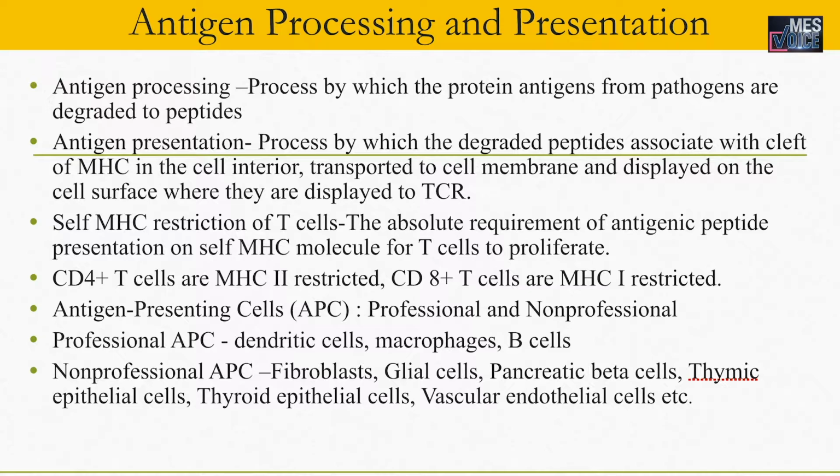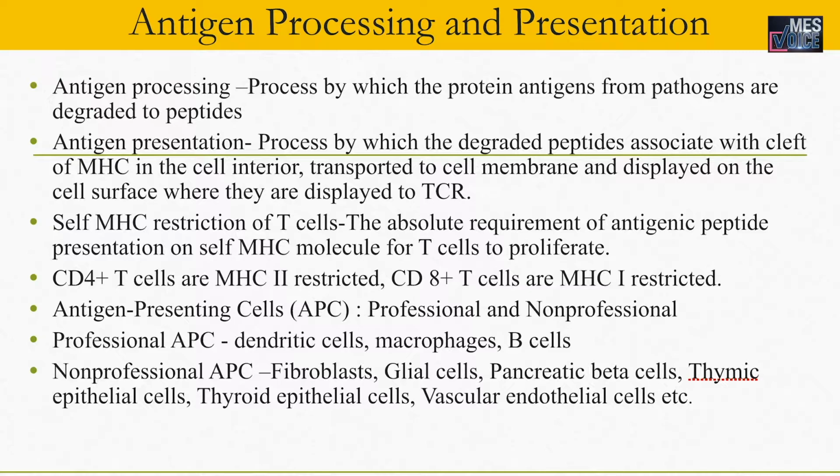There are two important subsets of T cells also, CD4 plus T cells and CD8 plus T cells. The CD4 plus T cells require antigenic peptide to be presented on the surface of MHC class 2 molecule, whereas CD8 plus T cells require antigenic peptide to be presented on the surface of MHC class 1 molecule.